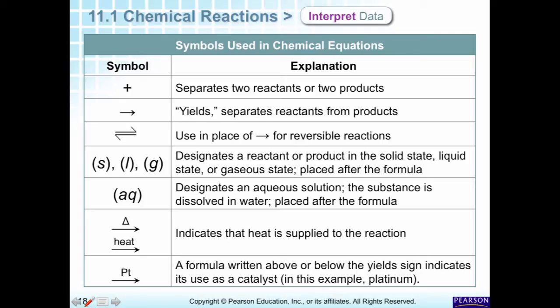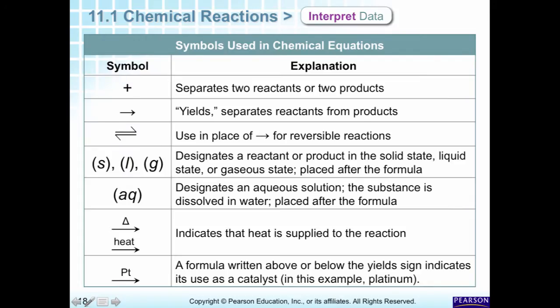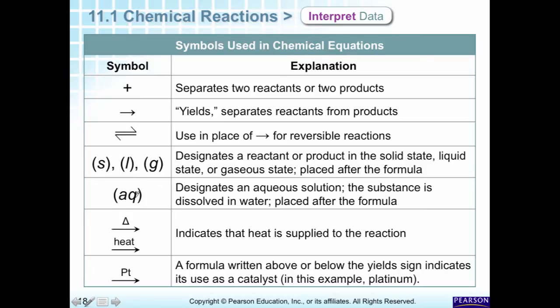We also learned the 3 states of matter have little parentheses with S, L, and G after the chemical formula. We also have AQ, meaning that the chemical is dissolved in water.